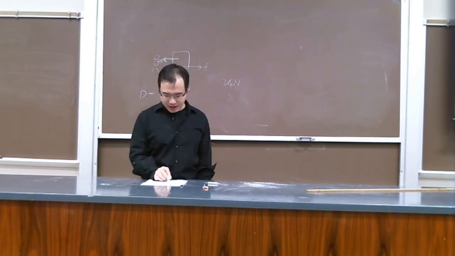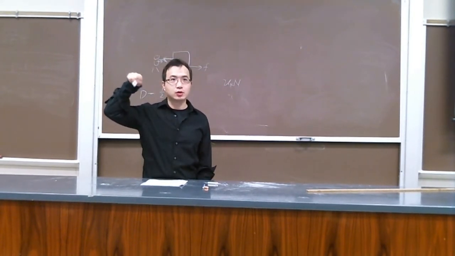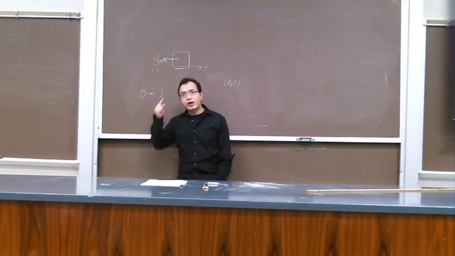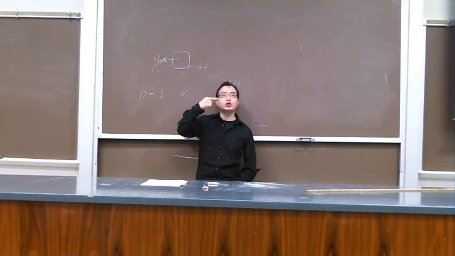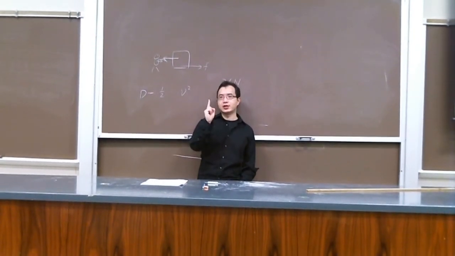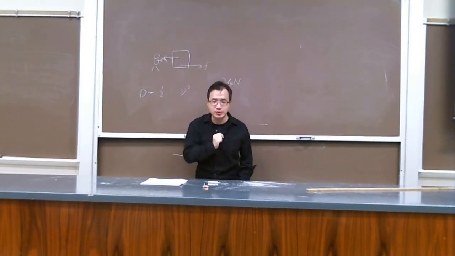But I emphasized this is constant speed, I even underscored it, and it has changing direction. So it's actually uniform circular motion. The acceleration is perpendicular to the velocity. If the acceleration is perpendicular to the velocity, it will change the direction, but not the speed. If the acceleration is in the same direction as the velocity, it will change the magnitude, but not the direction. Remember this.